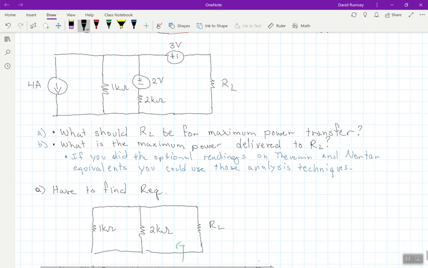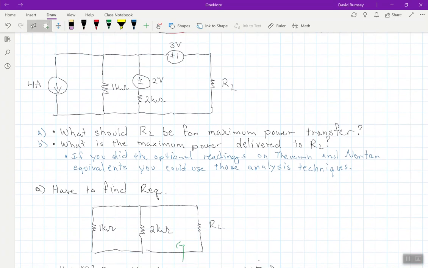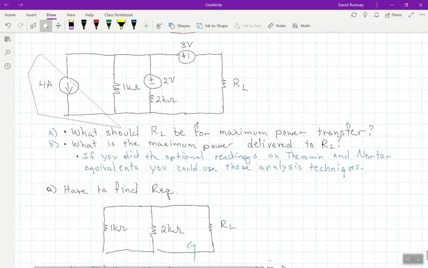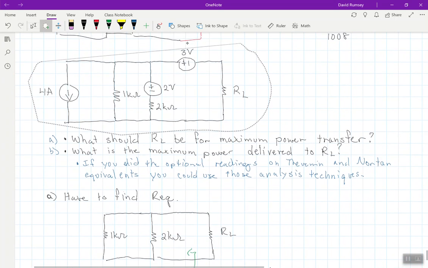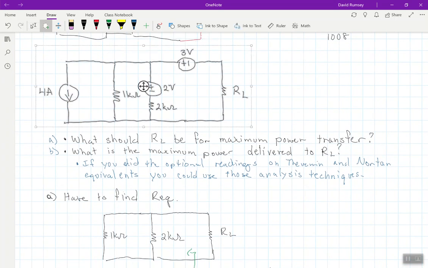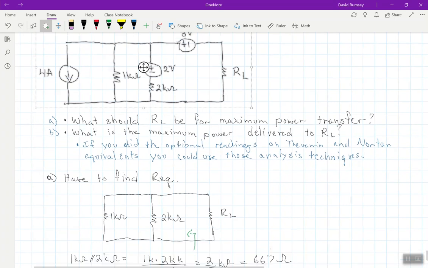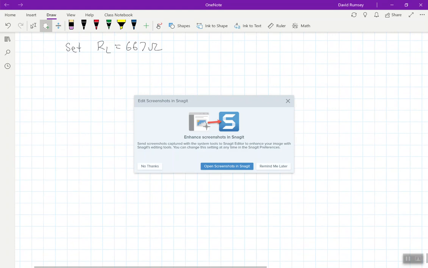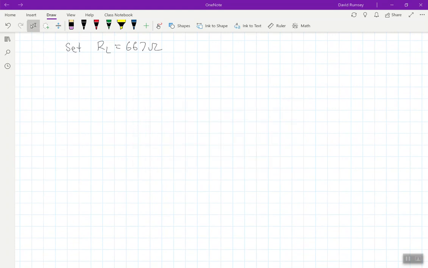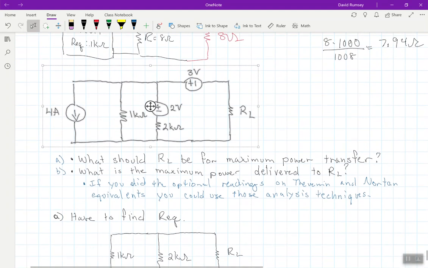Okay, so for part B, we're going to need to analyze this circuit. So I'm just going to lasso this circuit here, and just a second, I'm going to copy and paste that and move down here. Close that, I don't want that. I didn't copy and paste.